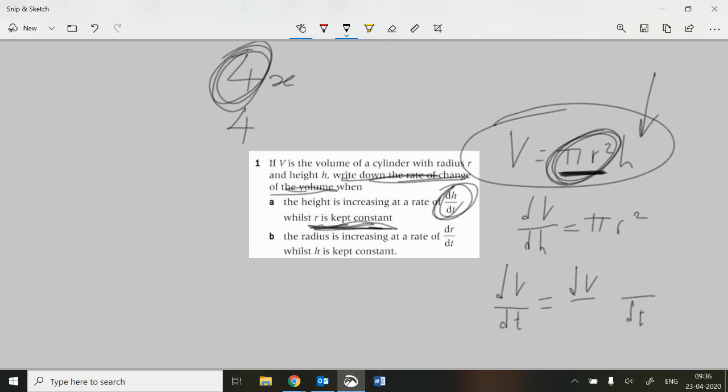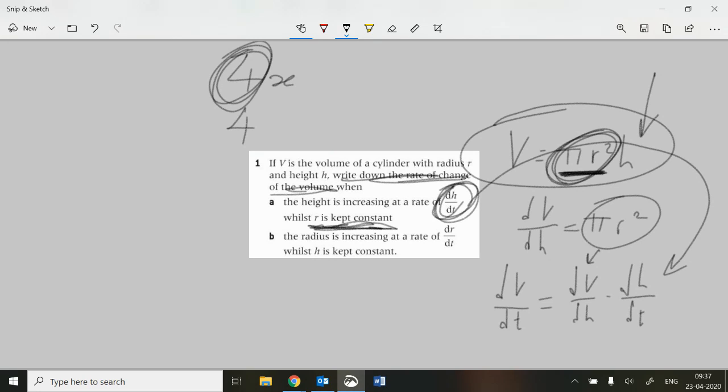We don't know what this is, but it's some sort of function of t. So this is dh/dt there, and we've got dV/dh there. You can imagine, for example, that those two cancel when we're multiplying together two fractions. Okay, so now we can substitute this thing in here, and we can substitute this thing, whatever it is, in here, and we get our final answer. So pi r squared dh/dt is the final answer.